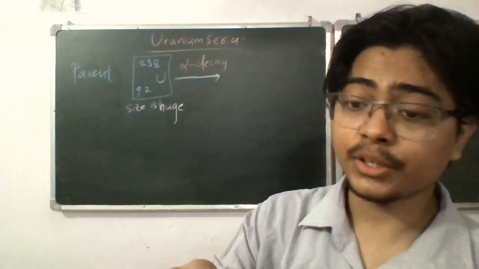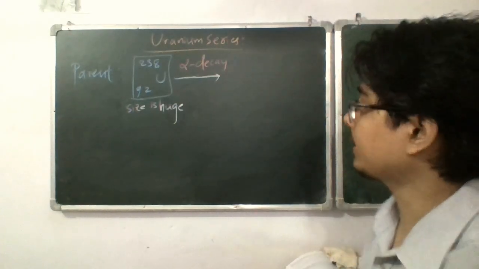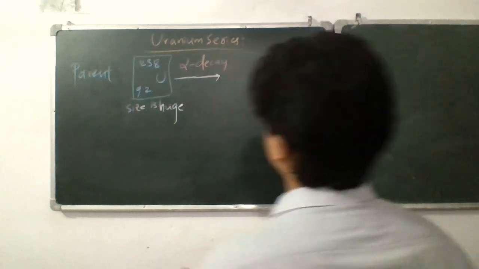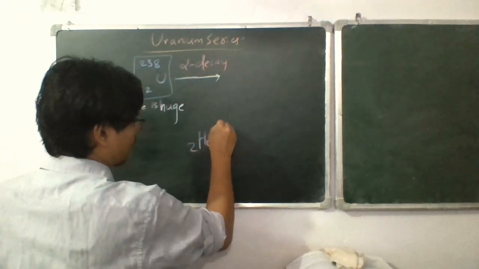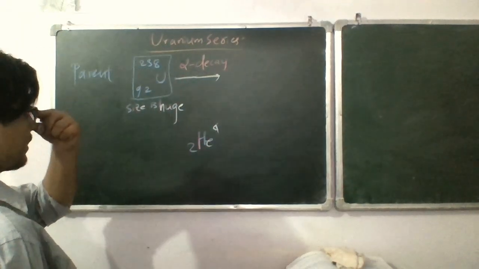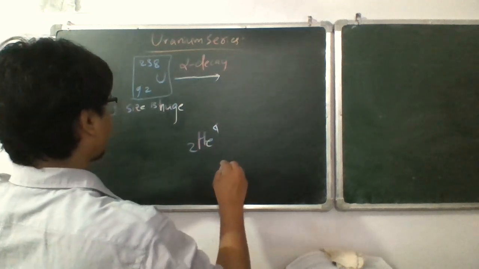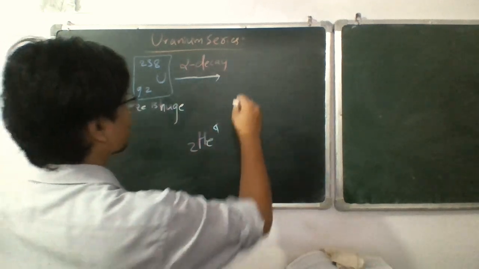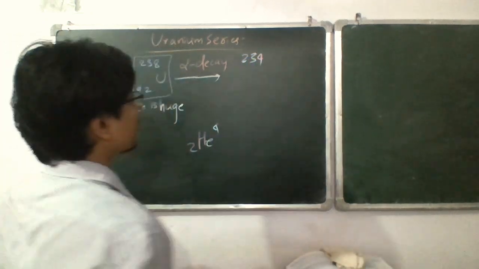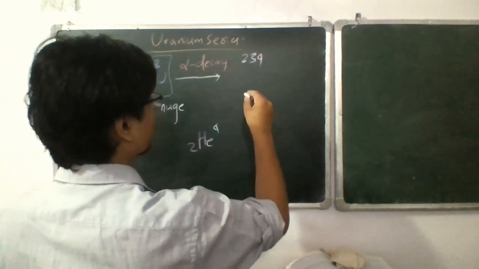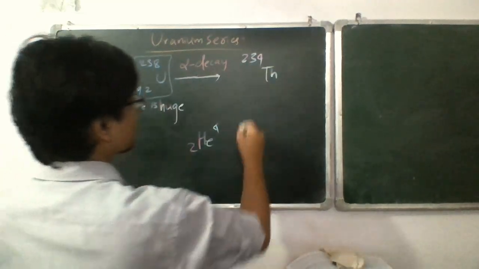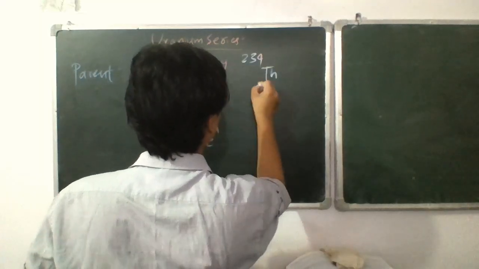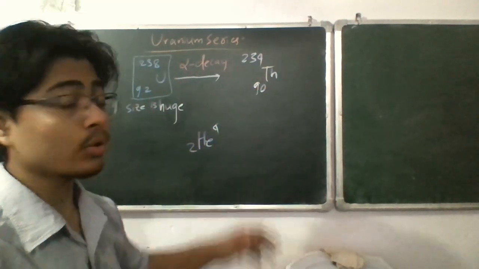After alpha decay, what would we get? Alpha means a helium nucleus, so we would get 234 thorium, since 92 minus 2 is 90.